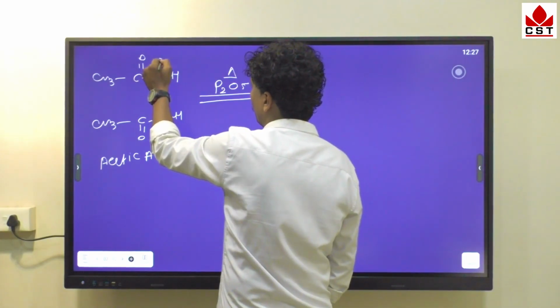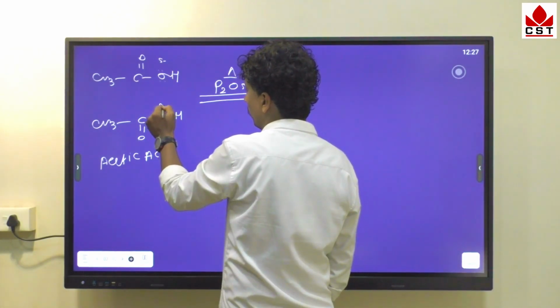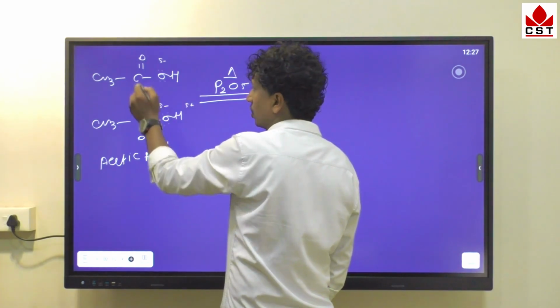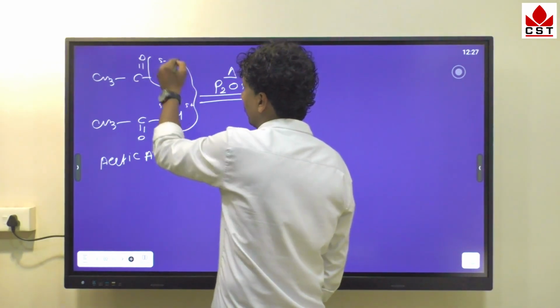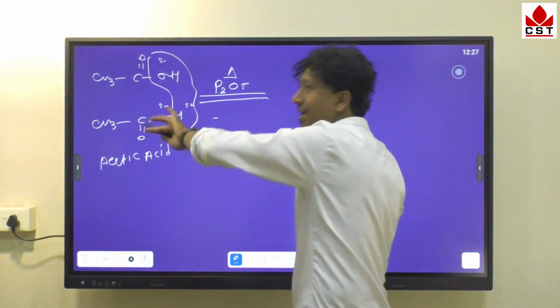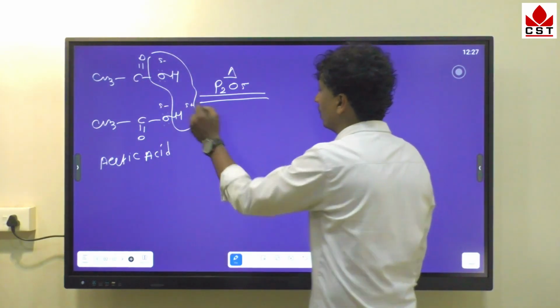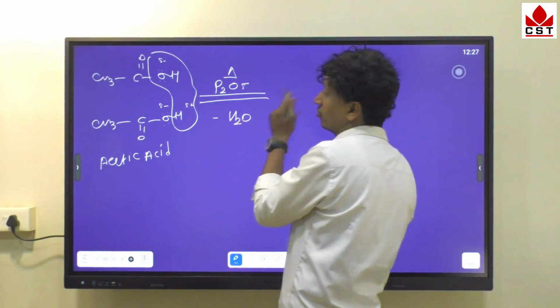Oxygen containing a lone pair is delta negative, and there is a delta positive. They are heated with the dehydrating agent, and in the reaction OH minus and H plus leave. My dear student, in the reaction there is a loss of a water molecule.